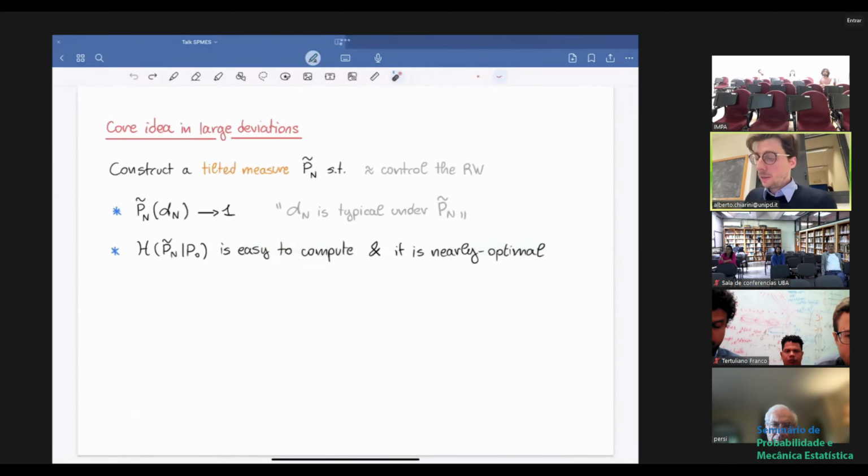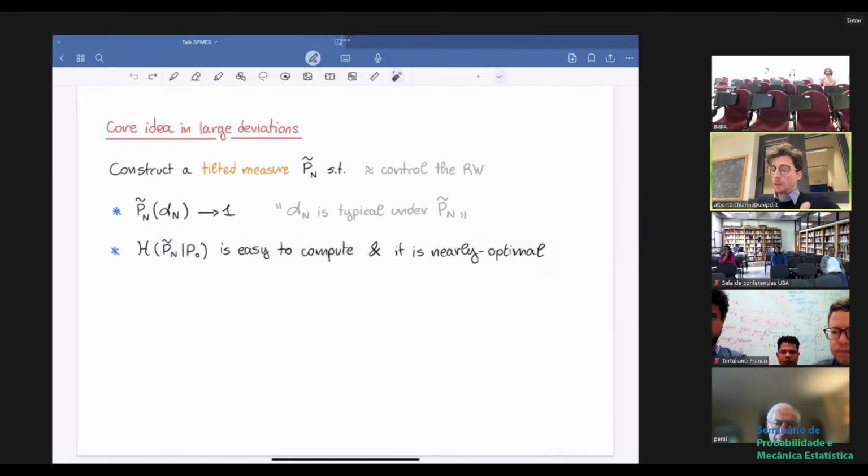So what is then the idea? It is to use this entropy inequality and to construct a tilted measure. I call it P_n tilde. To construct this tilted measure is equivalent to saying we want to control this random walk, and we want to add a drift or control this random walk in such a way that under the new measure, the event under consideration becomes typical.